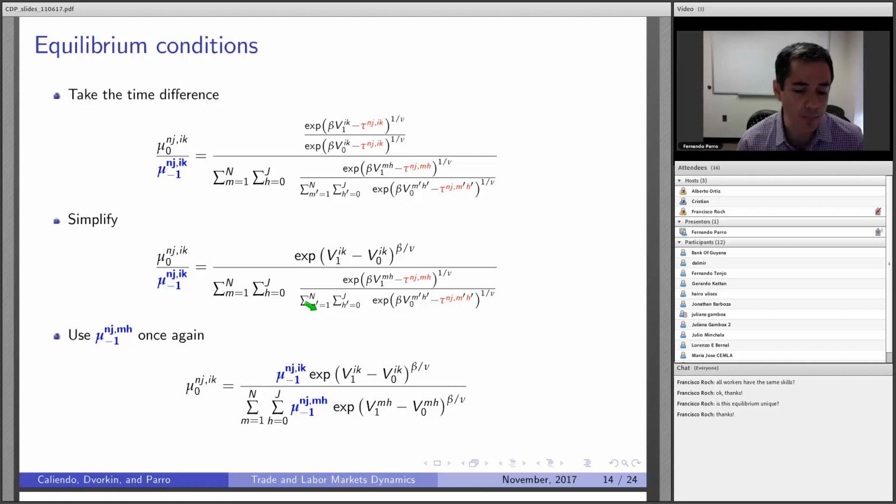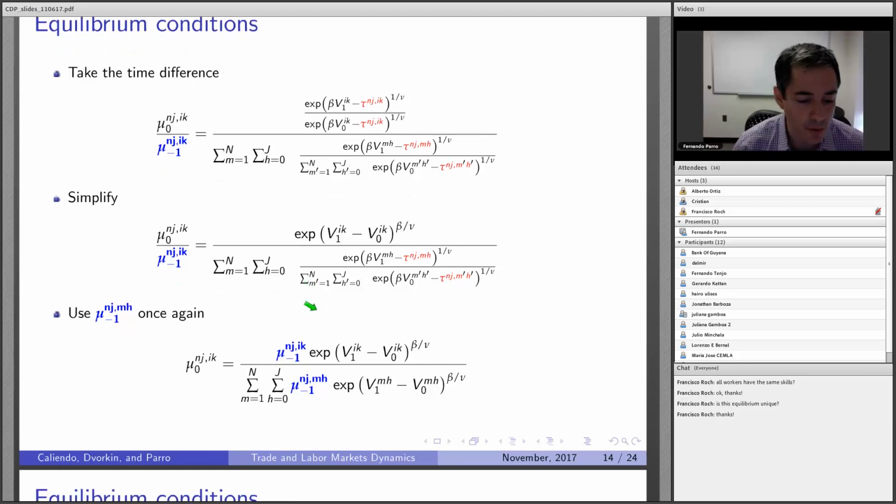With some algebra manipulation, in the end, we have that migration flows in the model at period 0 depend on the initial migration flows in the data and the differences in the value. And all the migration costs, all the migration frictions, are differentiated out.